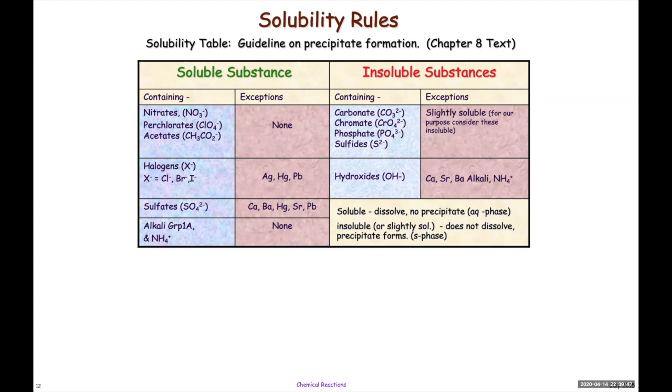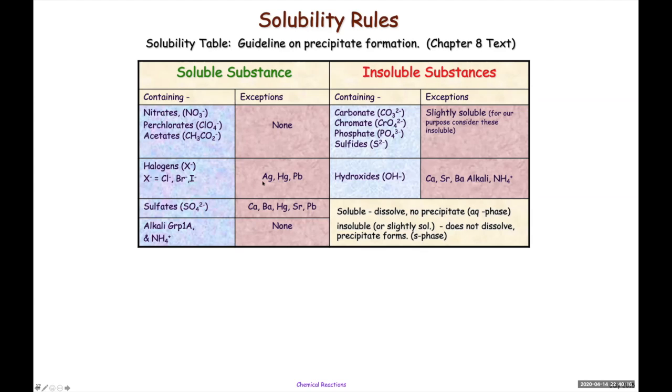Here, according to the solubility rules, any chemical that has NO3, ClO4, or acetate is always soluble. There are no exceptions. So if you have lead nitrate, tin nitrate, gold nitrate, they're always soluble. There are no exceptions. Here, the halogens are soluble except silver bromide and silver iodide.